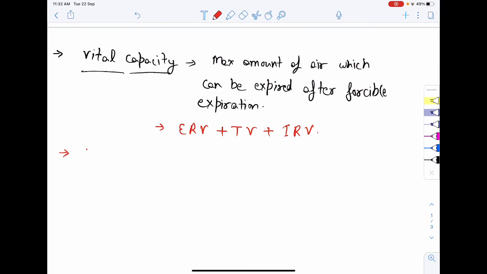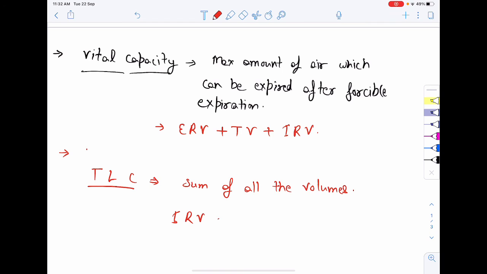Next and last part is total lung capacity. It is the sum of all the volumes. So it will be IRV plus TV plus ERV plus RV.